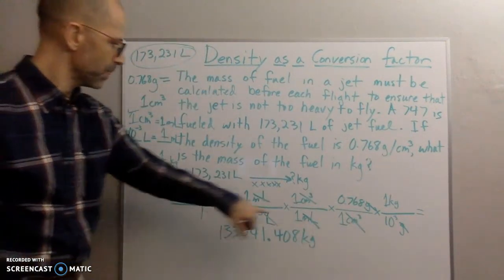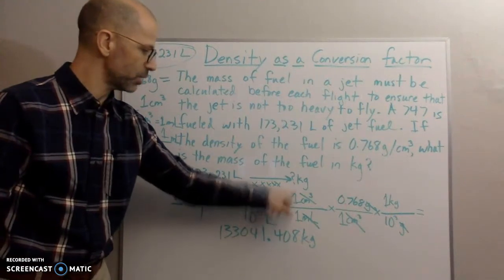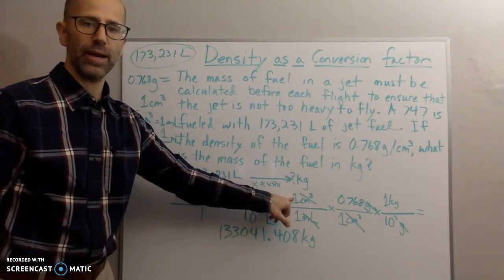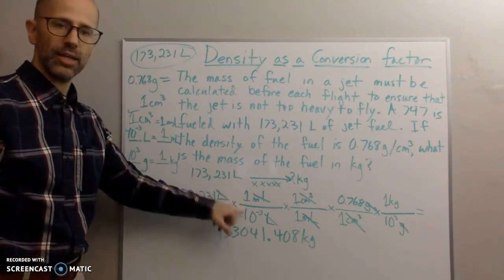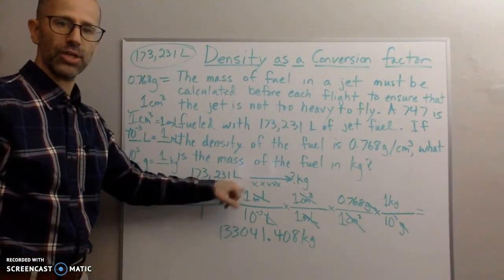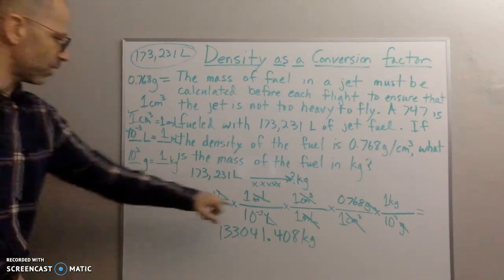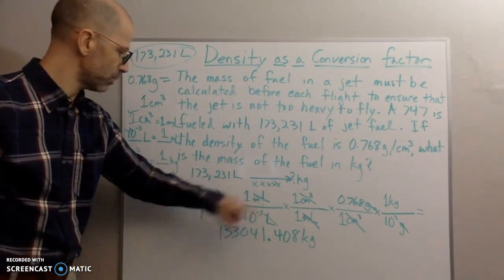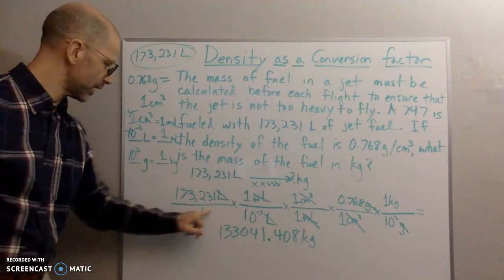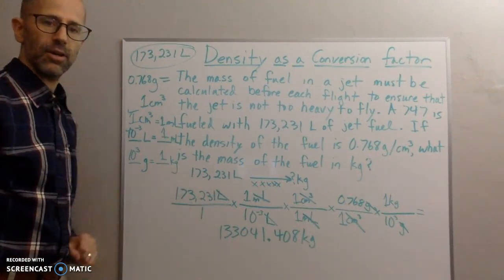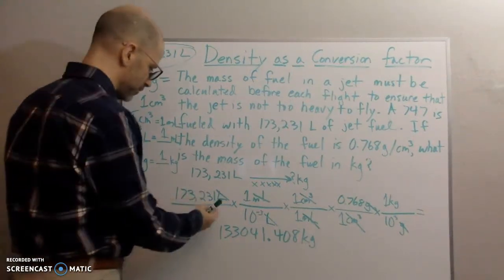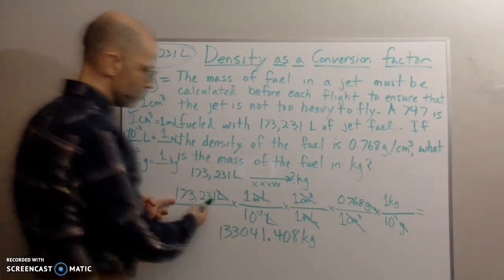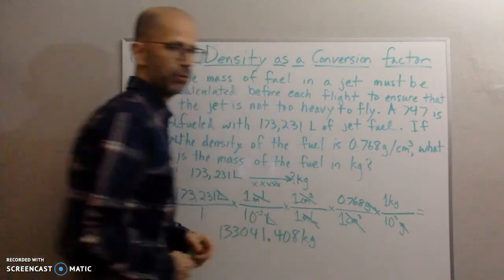Here I have milliliters to centimeters, metric to metric. That is true by definition, that is exact. Milliliters to liters is true by definition, metric to metric, exact. And here is what they gave me. That is a measure. So here I have 6 sig figs, and here I have 3 sig figs.